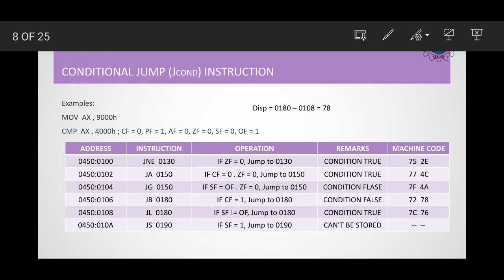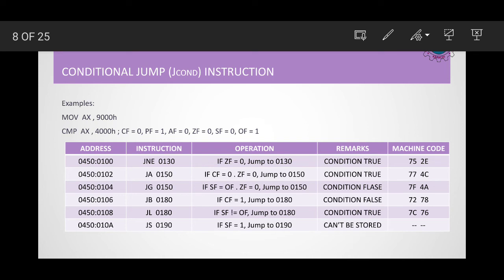Now we are having JL instruction, JL 180. Condition for JL is if sign flag not equal to overflow flag, jump will occur. So sign flag is having logic 0, overflow flag is having 1, so the condition is satisfied with respect to the flags.